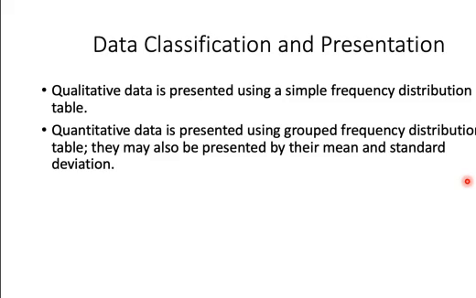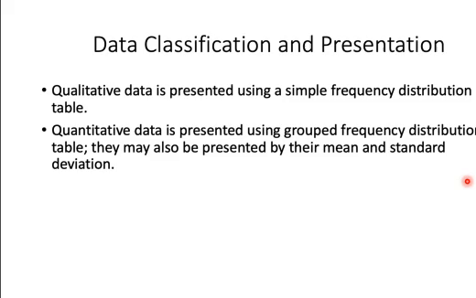So for example, BMI is quantitative, and then you can group it into a grouped frequency distribution table. You say, for example, below 18.5, so that's undernourished, and then 18.5 to 22.9, that's normal, and then from 23 to 24.9, that's pre-obese, and so on and so forth.